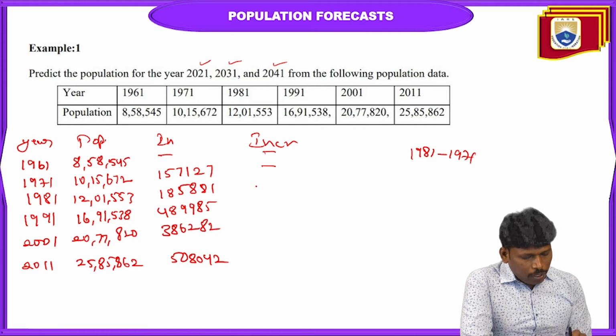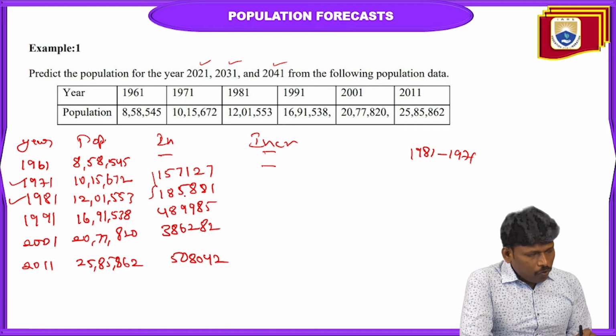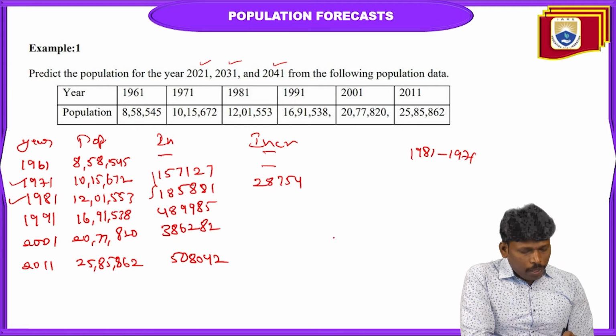And now here we will get some value, because we have two decades of population. So now you will get 28,754.